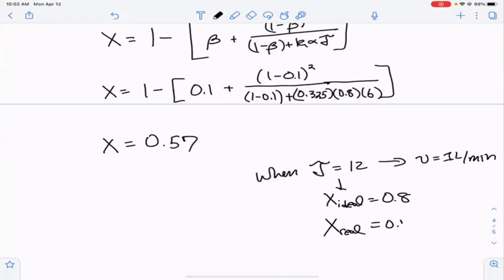The real conversion was basically equal to 0.7. And so again, it's about a 12% loss or so. So even when we had a slightly higher volumetric flow rate, the loss was approximately the same. So this is an example of how, yes, you get to a higher conversion, but the effect is the same.